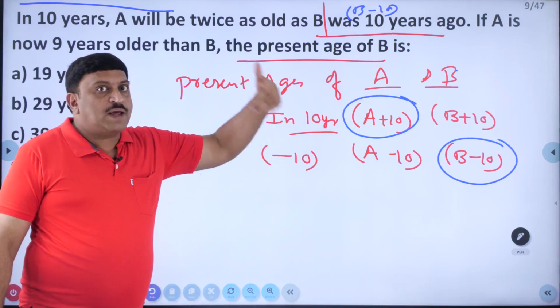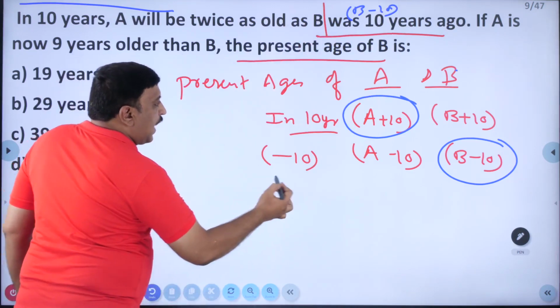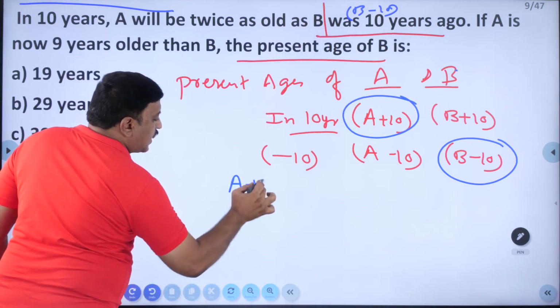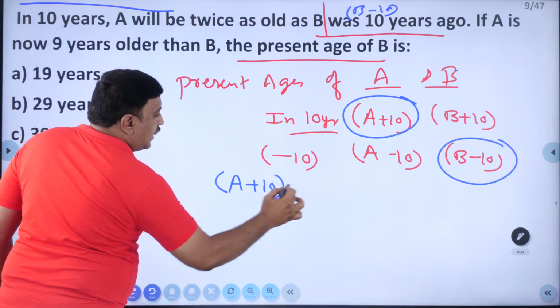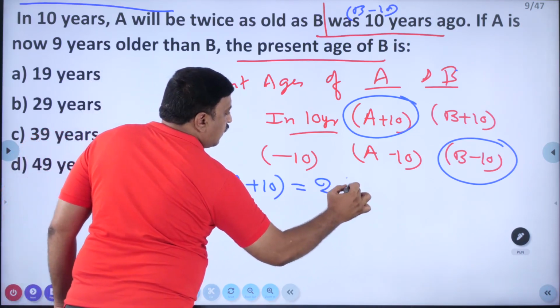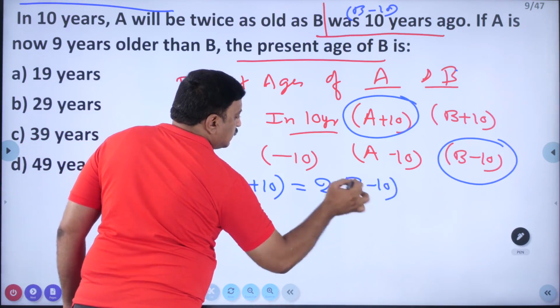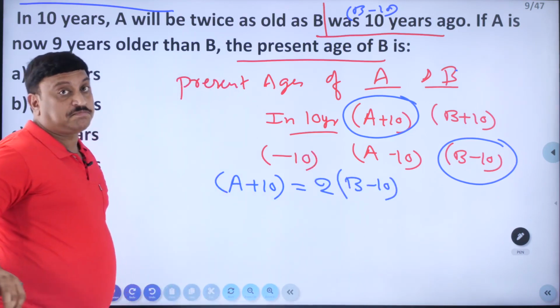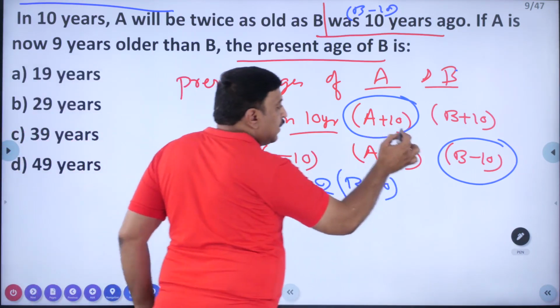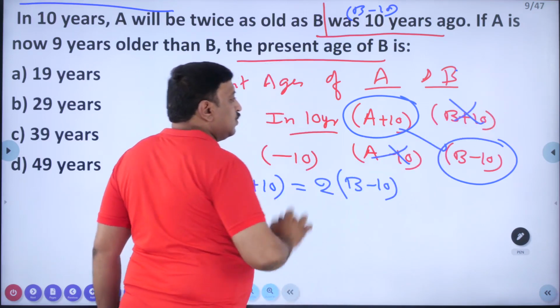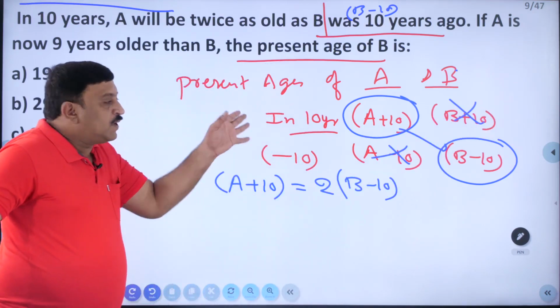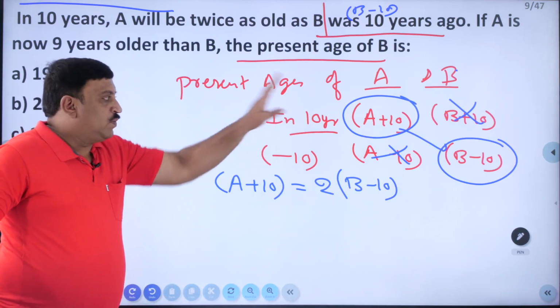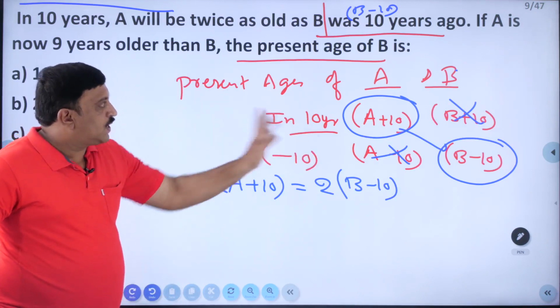It is 2 times of B minus 10. So I can write now A plus 10 is equal to 2 times of B minus 10. Fine. Only these two are combined. Don't bother about these two. Just for terminology, I use that one. But these two are combined.